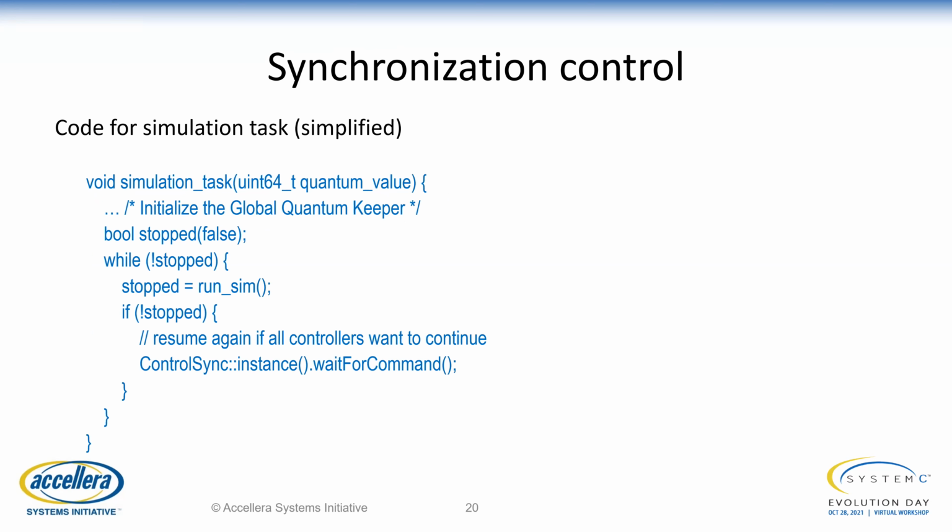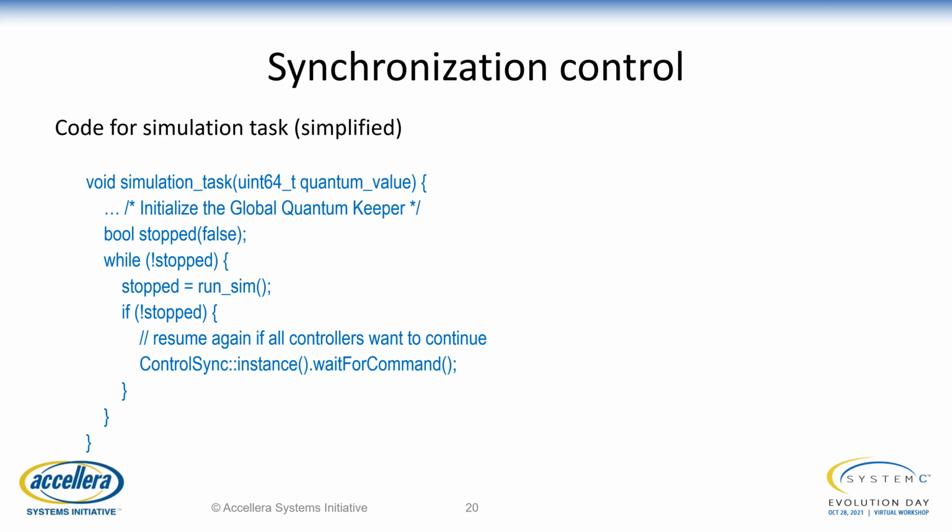So what we do is a loop. While not stopped, we run the simulation. Stopped is basically a shortcut for seeing that we are in the SC stopped state.